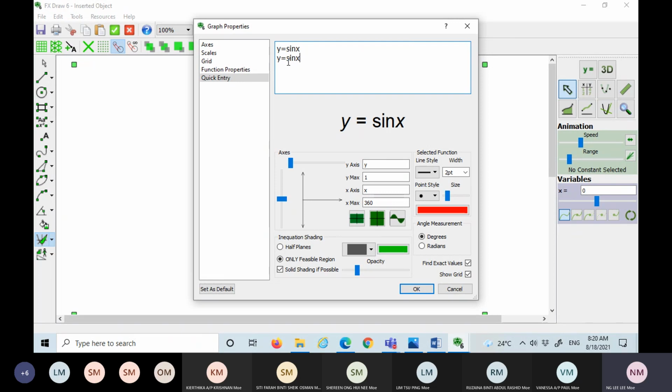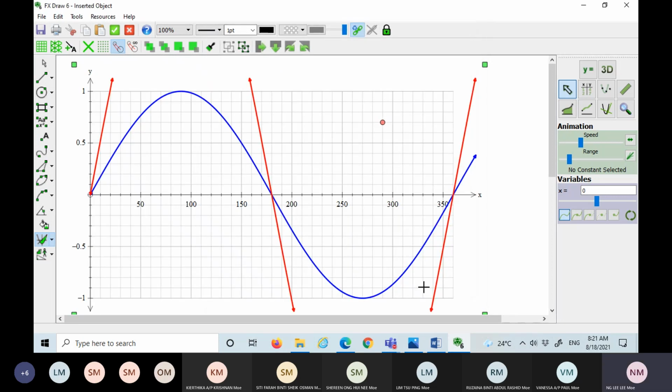The next one will be the red color. Let's see what will happen.